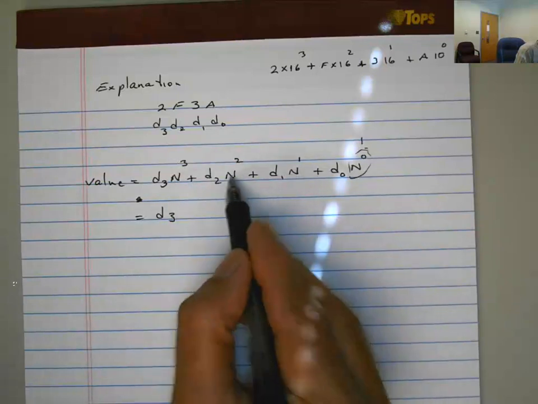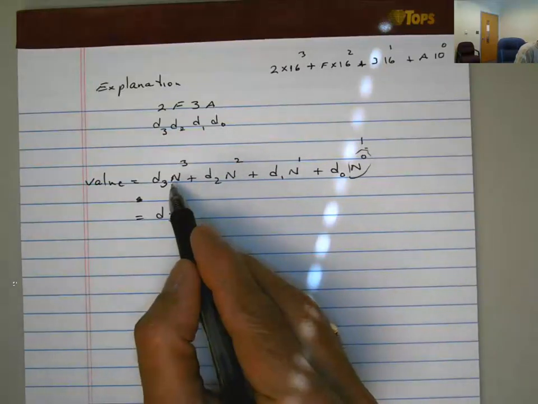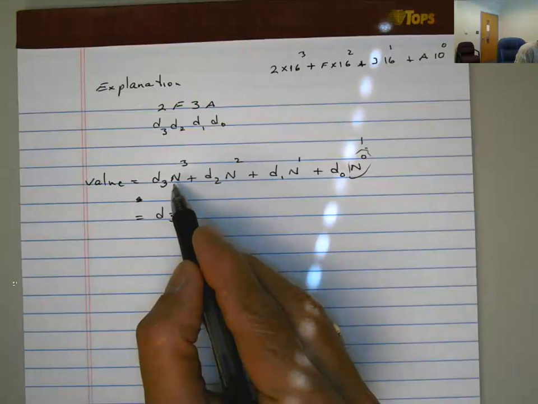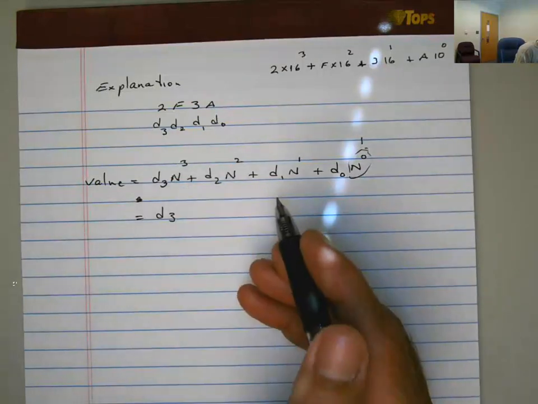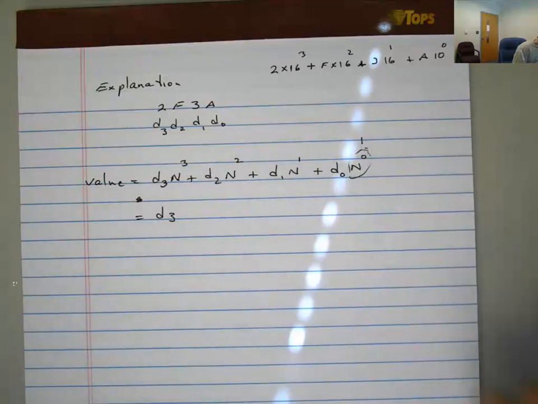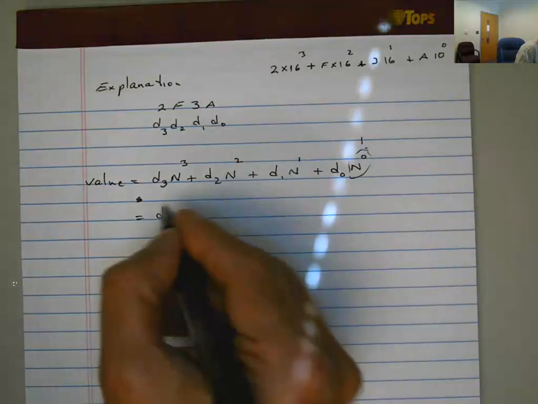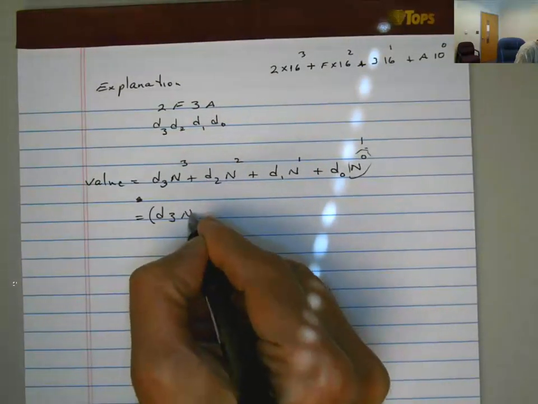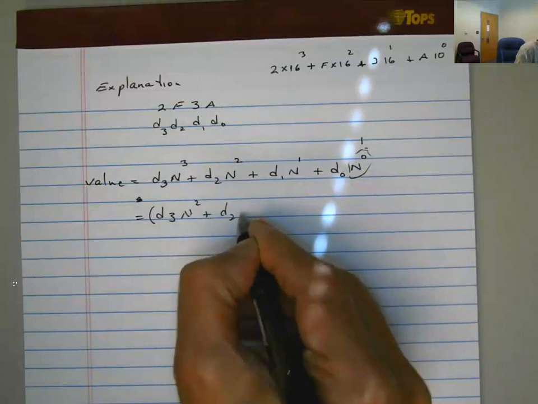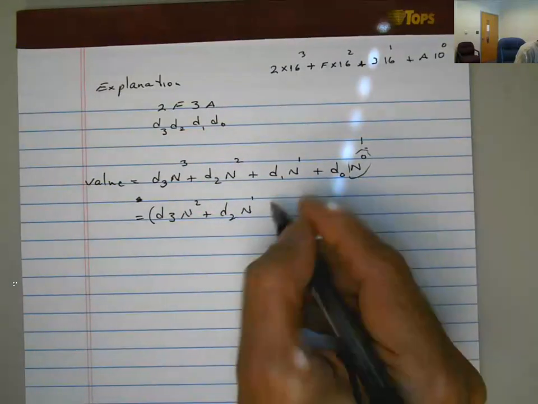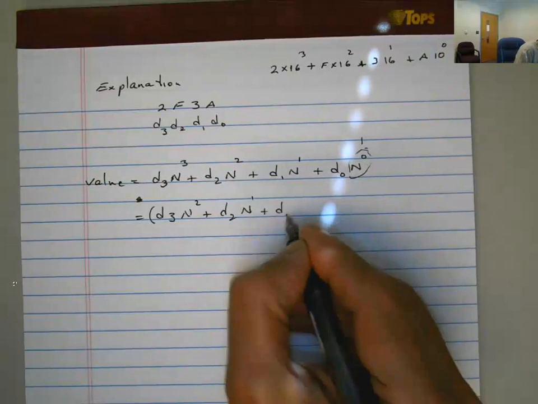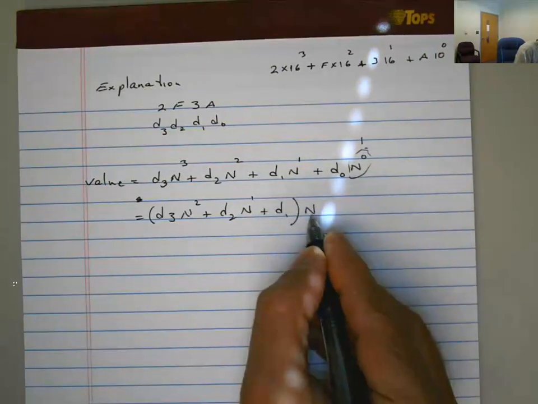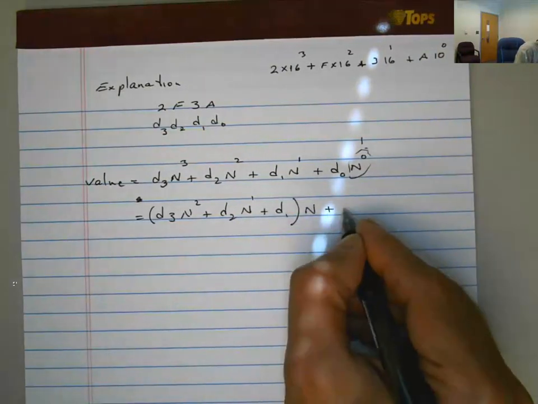They all have the parameter n, so I factor out one n from these terms, and we'll see what happens. This would be D3 times n squared plus D2 times n, plus D1, times n, I factor out n, plus D0.